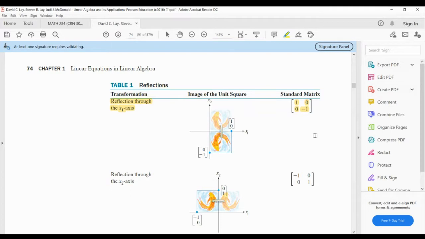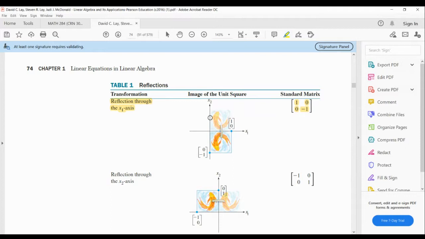Well, what they're saying is if we want to reflect about the x1 axis, let's take the unit vectors 1, 0 and 0, 1 and see what would happen. The vector 1, 0 would stay where it is because that's already on the x1 axis.